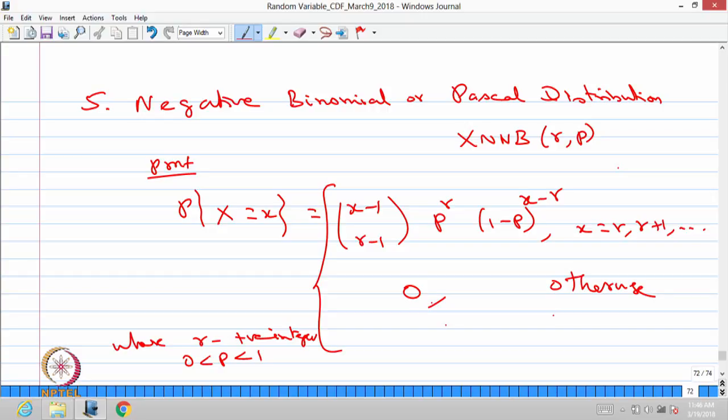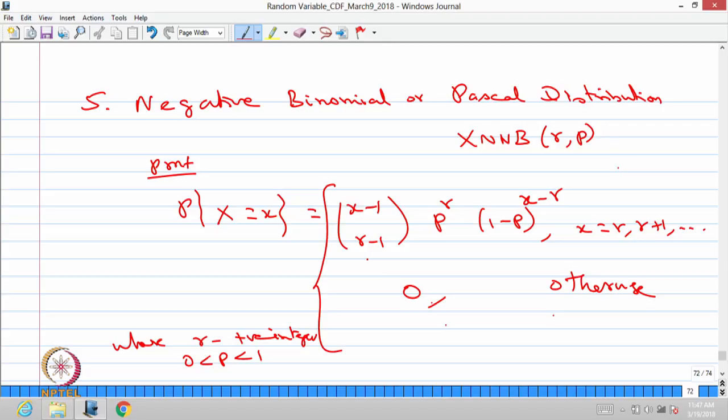That means x minus 1 C r minus 1, p power r minus 1, 1 minus p power x minus 1 minus r plus 1, can be treated as getting r minus 1 successes out of x minus 1 trials, which follows a binomial distribution, multiplied by the rth success coming in the xth trial.